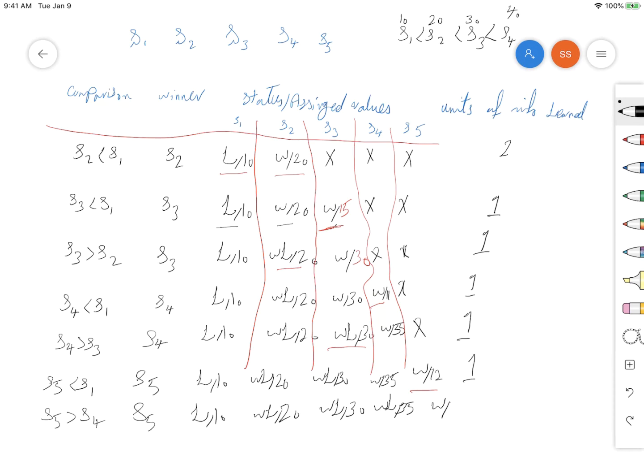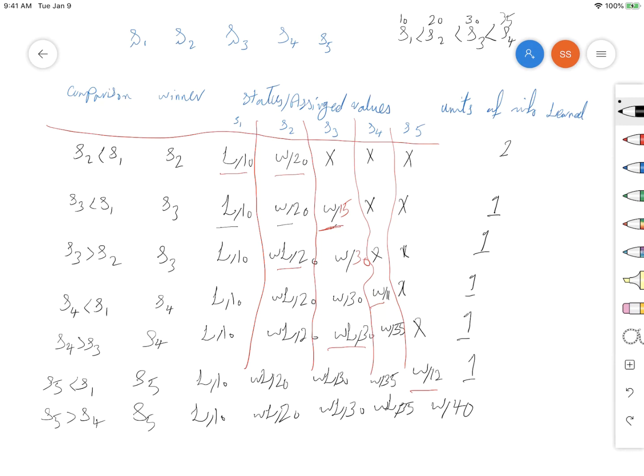But now that it's greater than S4, let's assign another value, let's say 40 to this number. Okay, I think I made a mistake here, so I'm going to change this one to 35. So we assign 35.